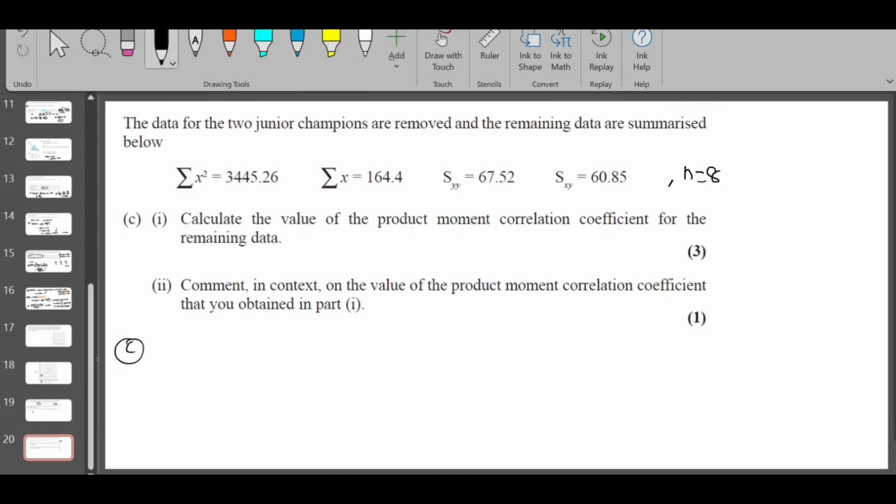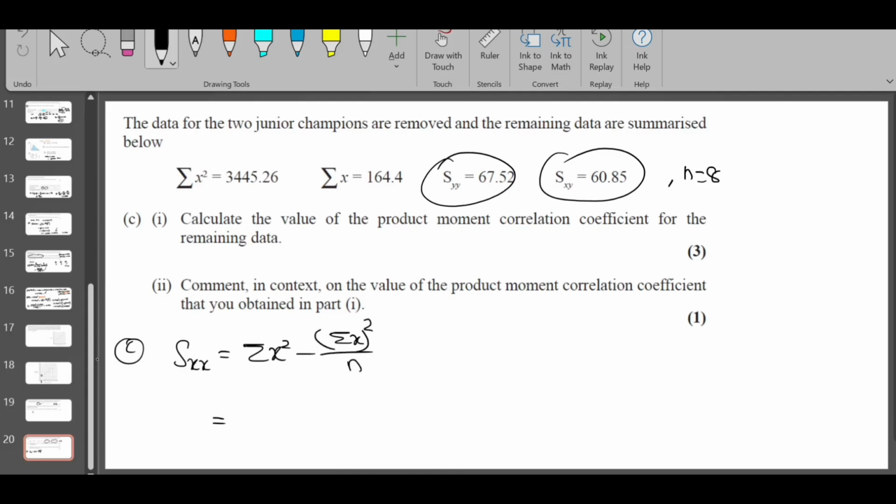So part C (i), find the PMCC. You have SYY, SXY. You need to find SXX first, which is sigma x square minus sigma x whole square over N, which is 3445.26 minus 164.4 square over 8.